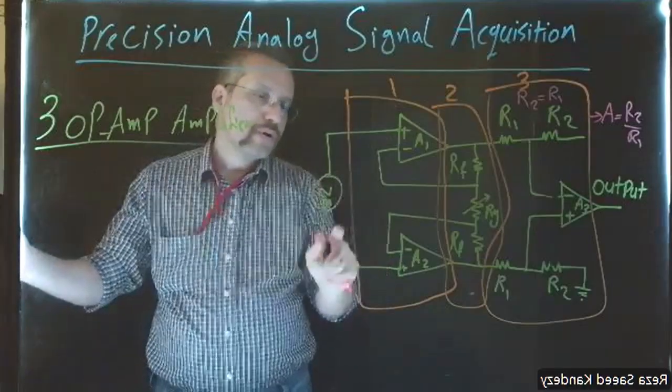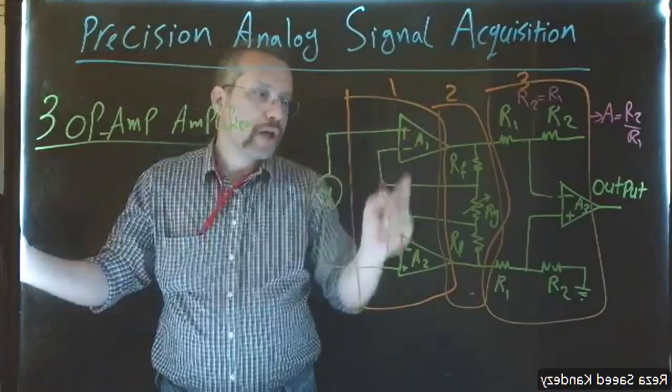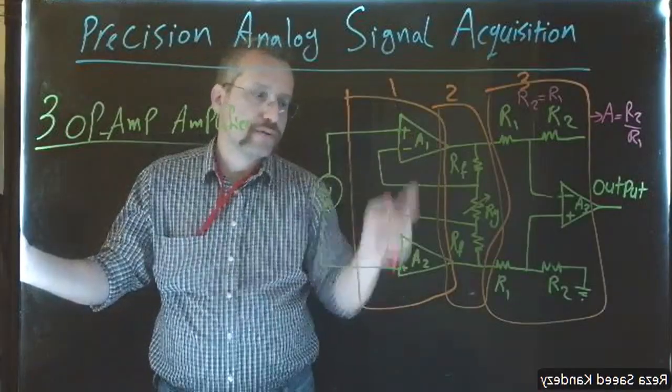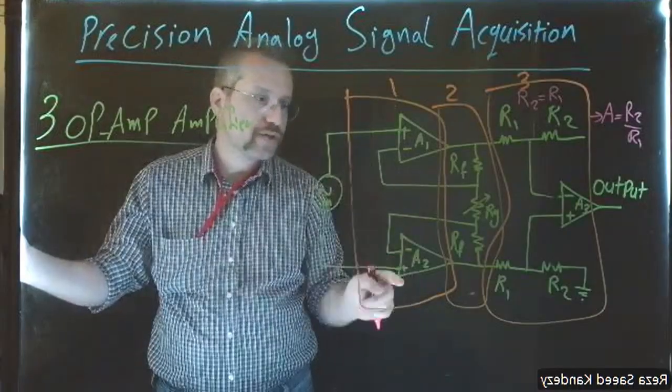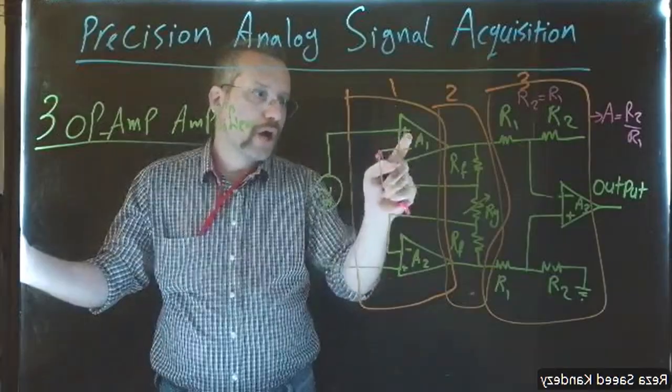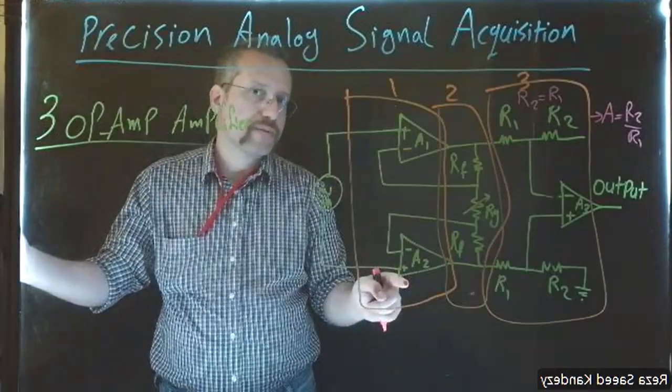Now the input will be injected to the non-inverting port of the buffer op-amps, both op-amps. So please pay attention. Both terminals of the input are connected to the non-inverting ports of our op-amps.